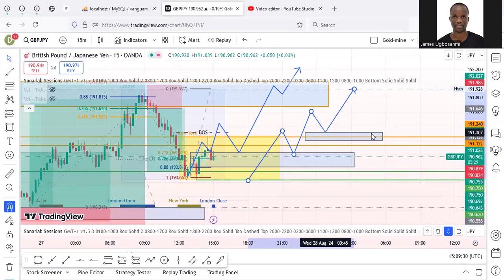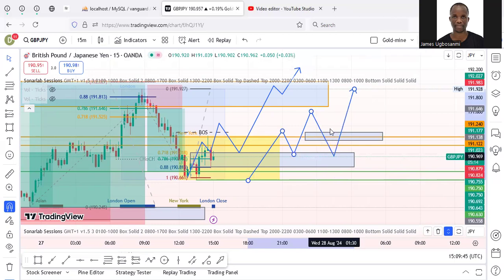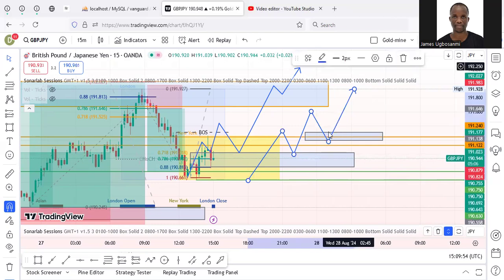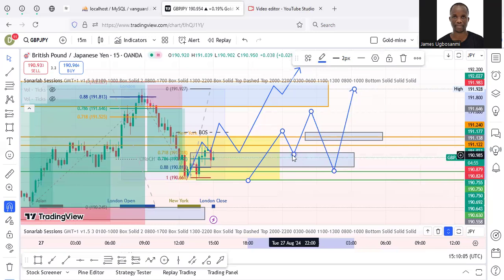So usually, if it's an uptrend and the market comes back and doesn't break below this previous low, it means that we are still in an uptrend. The market can come and touch here, or it can come to this point and move back to the top and form a new high. But if the market should reverse below the previous low, like this, below this previous lower high, are you getting it?